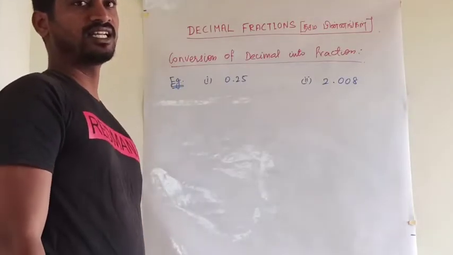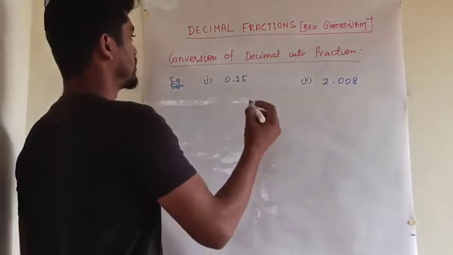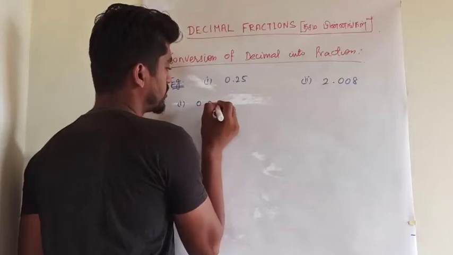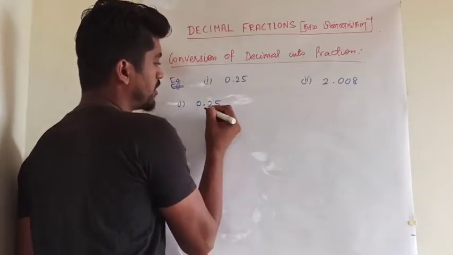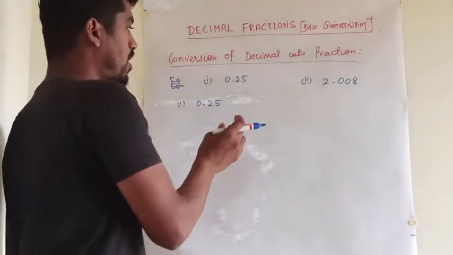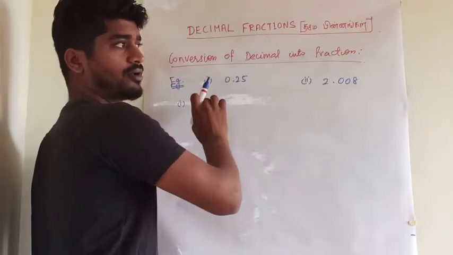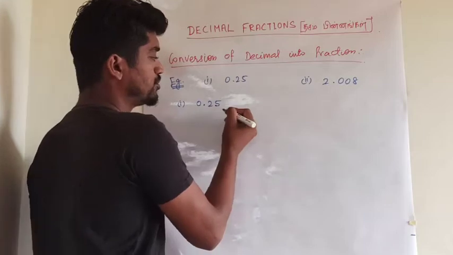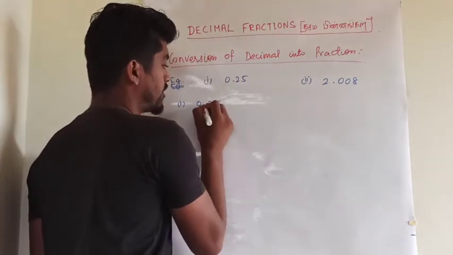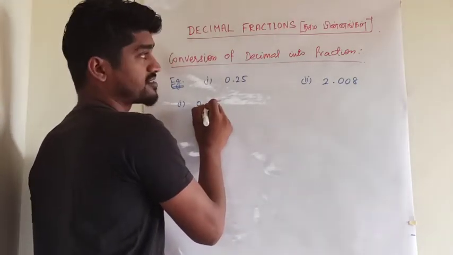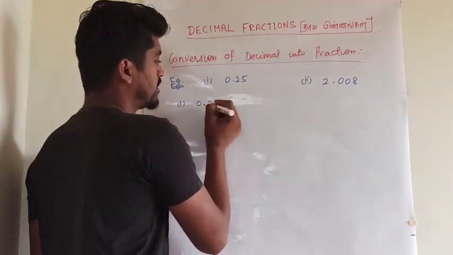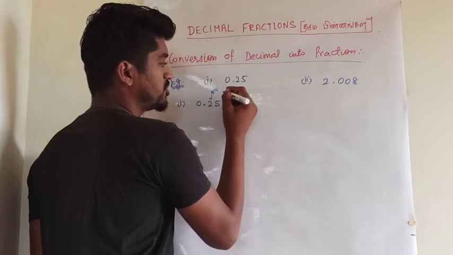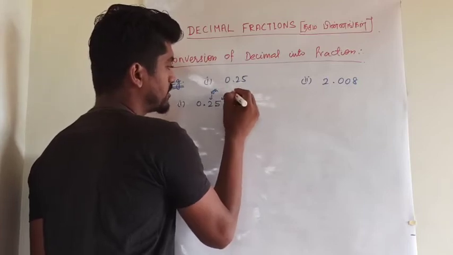Conversion of decimal into fraction. First example, 0.25. Here we have to know how many digits there are after the point: 2 digits. So from the point in the fractional value, this is the tenth digit and this is the hundredth digit.